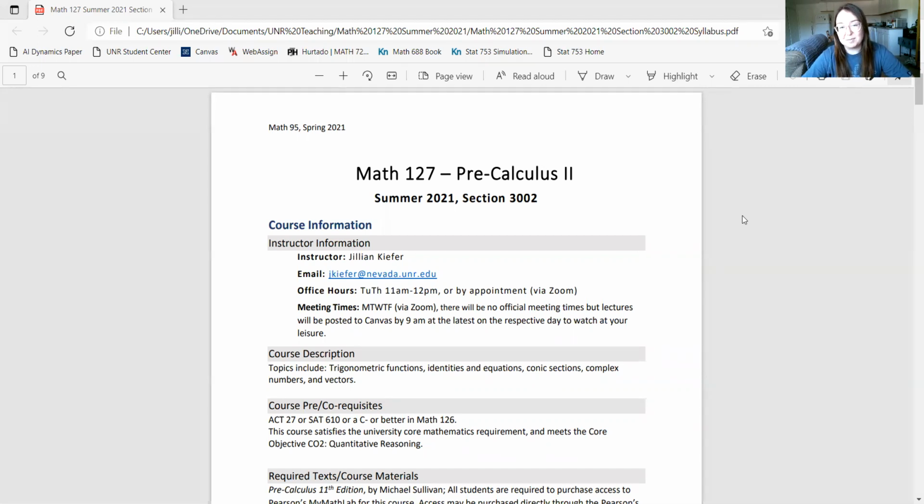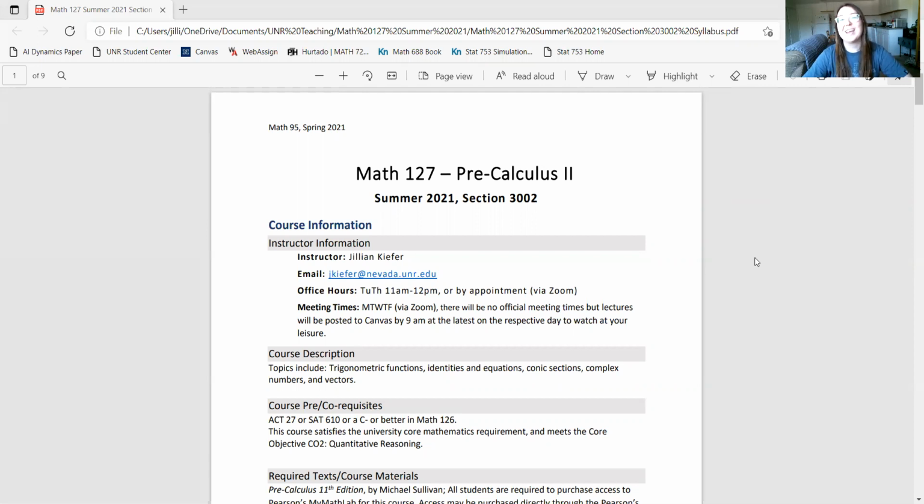So our meeting times are technically Monday through Friday via Zoom, but there are no official meeting times since our lectures are just going to be posted to Canvas each day. I'm saying that they'll be posted by 9 a.m. every morning. Not necessarily that they are posted at 9 a.m. every morning.